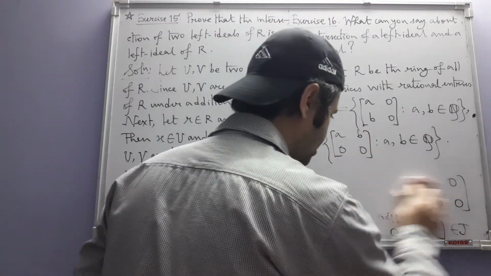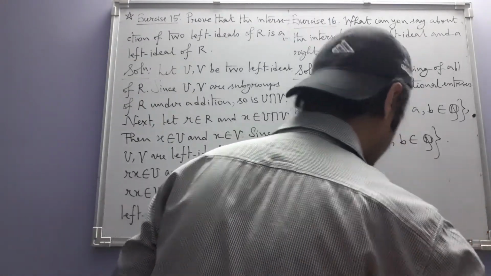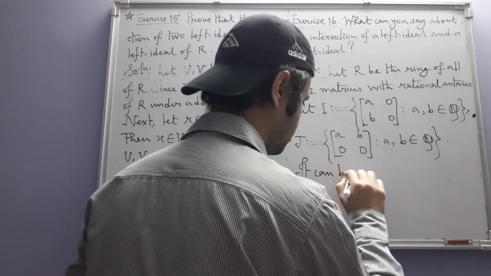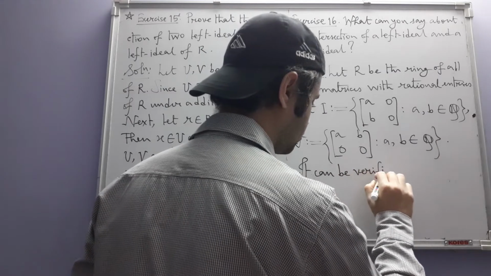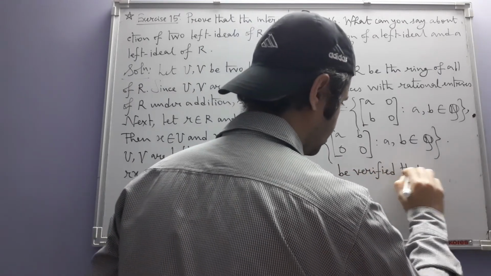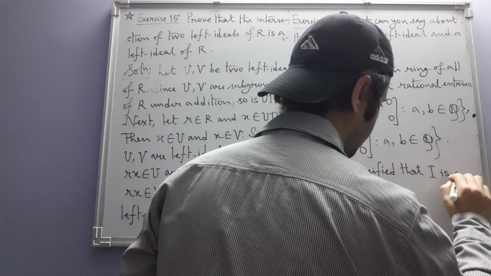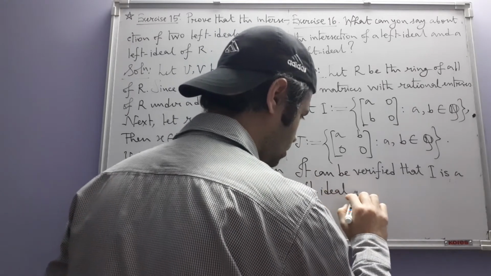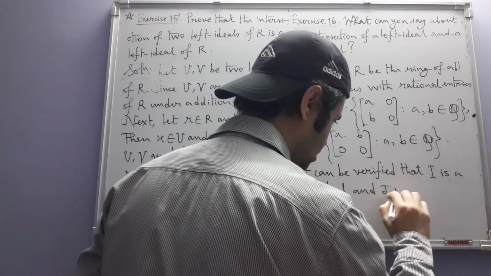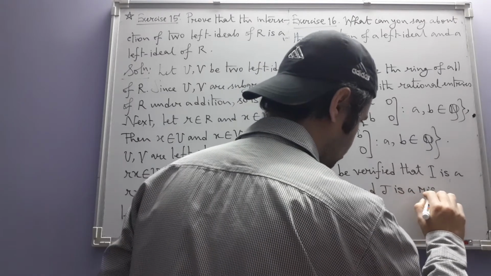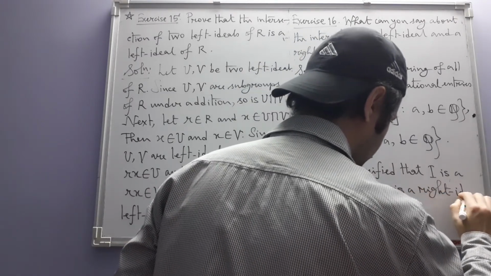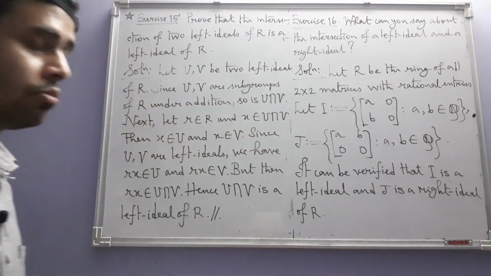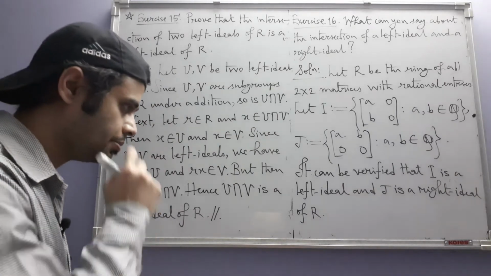And I will just mention that here, it can be verified that I is a left ideal and J is a right ideal of R.